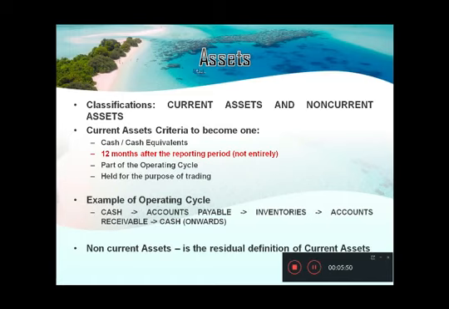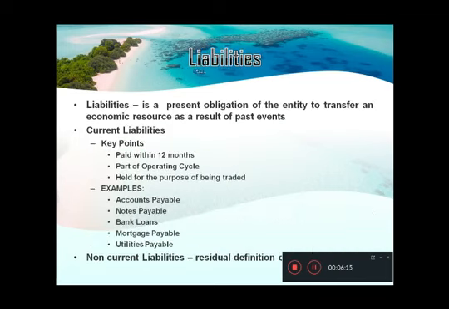So, held for the purpose of trading or selling kasi magiging cash ito which is the requirement in letter A. So, in short period of time magiging cash ito. Kaya ito ay involved sa current assets. So, non-current assets naman is the residual definition of current assets. Malinaw naman kung wala sa kriteria ng current assets, ito po ay non-current assets.